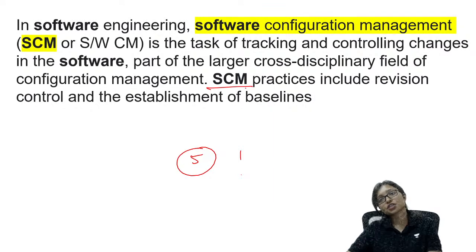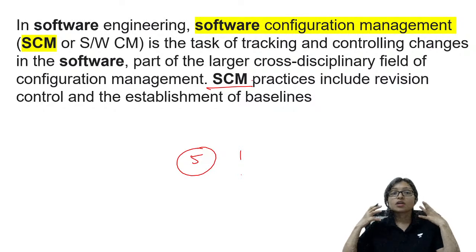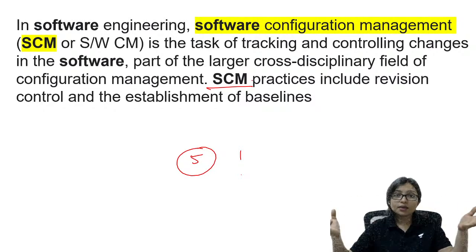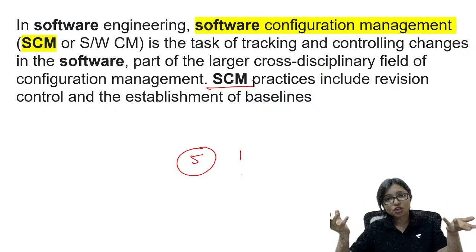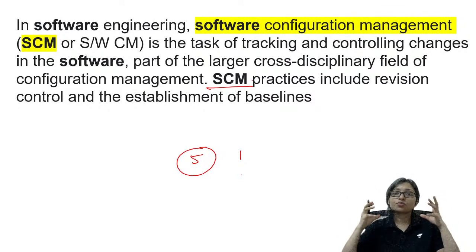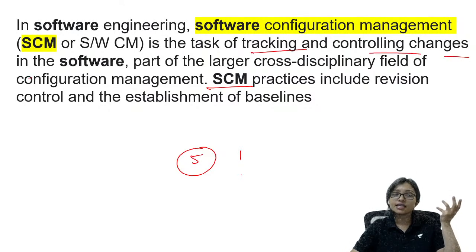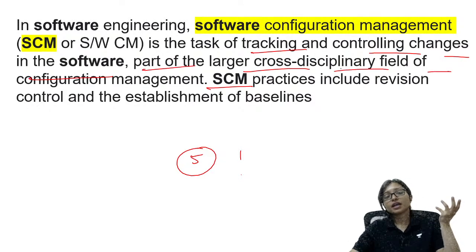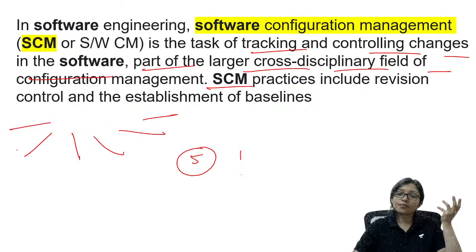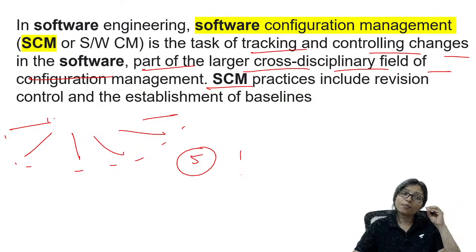Now SCM, software configuration management. It is required when everyone is working together, parallelly, so everyone will change things also. So change management, configuration management, is important. It is the task of tracking and controlling the changes in the software, part of a larger cross disciplinary field. Team members work separately in their own space, but maybe on the same page.